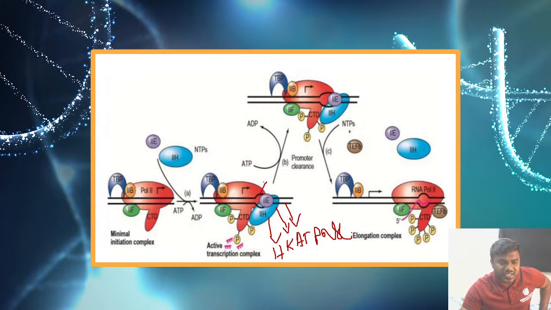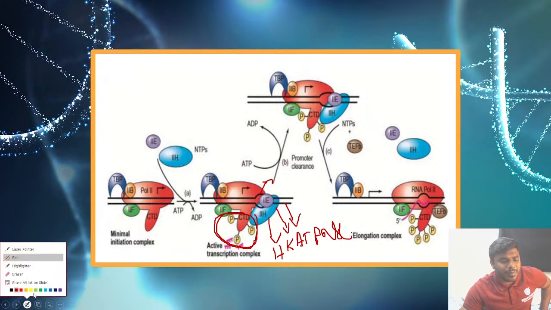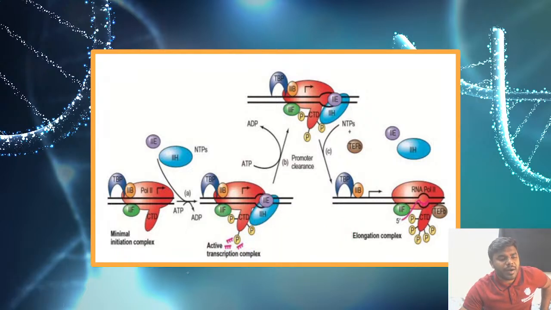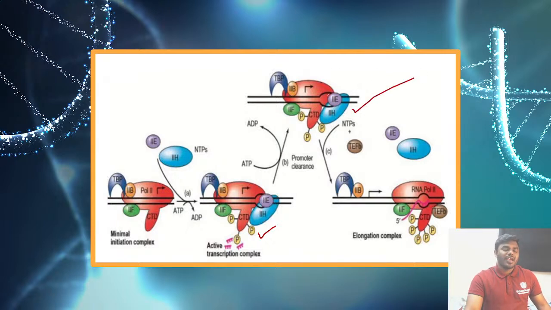You can see, my friends, it is opening the double stranded DNA. All of you look into the C-terminal domain of RNA polymerase. It got phosphorylated. How much did it get phosphorylated? Minimal phosphorylation. That's all. Friends, this is the process of initiation. Very, very simple point. You can see, my friends, initiation has started.